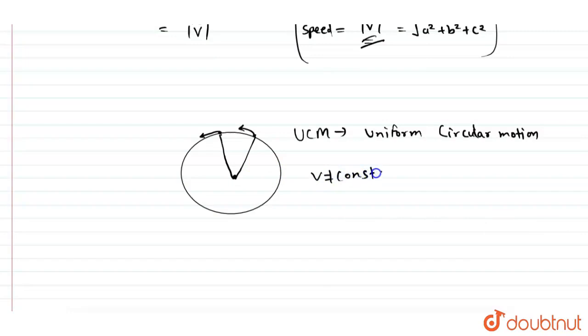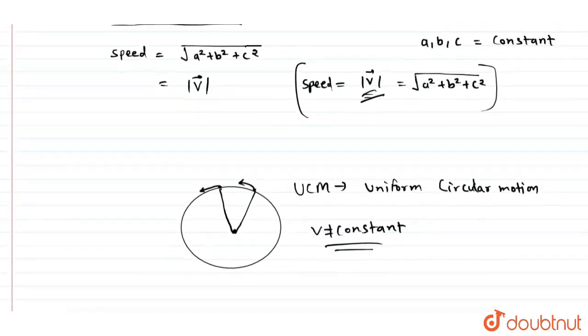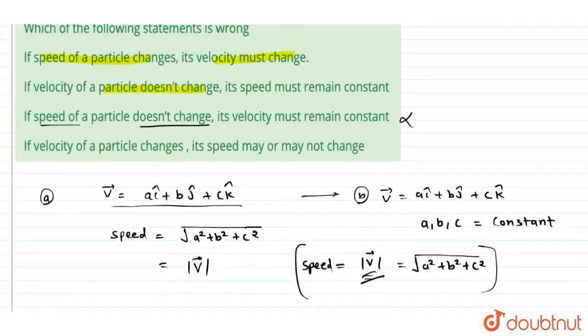Velocity will not remain constant. This is the best example of velocity not constant but speed constant.